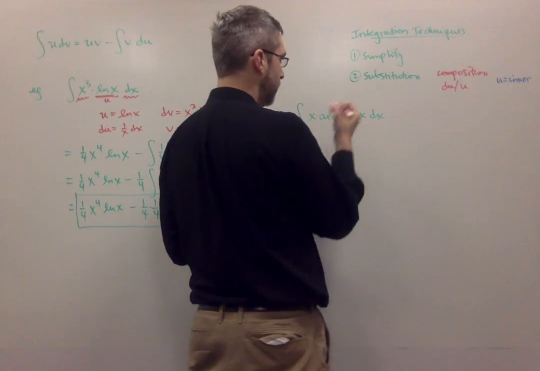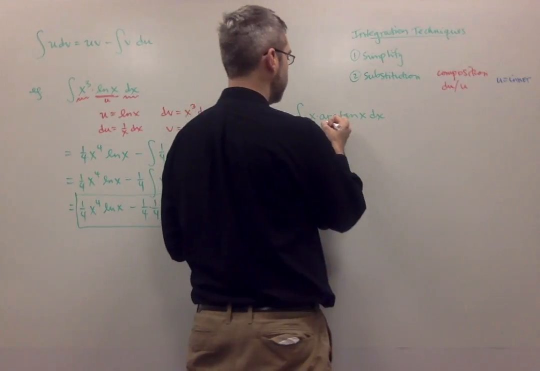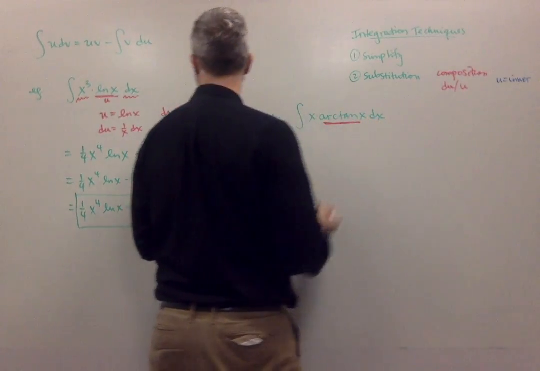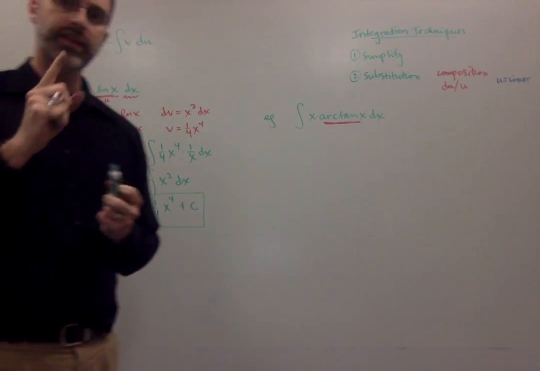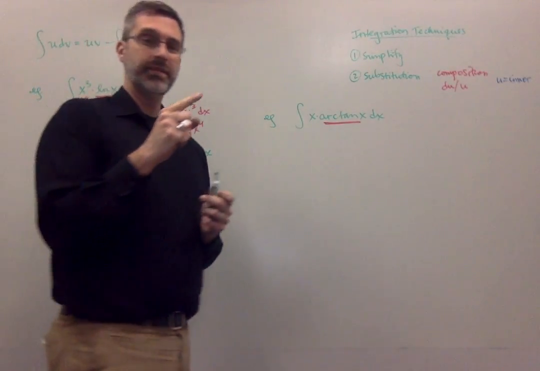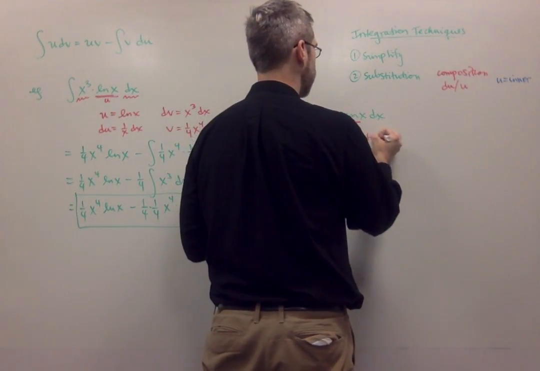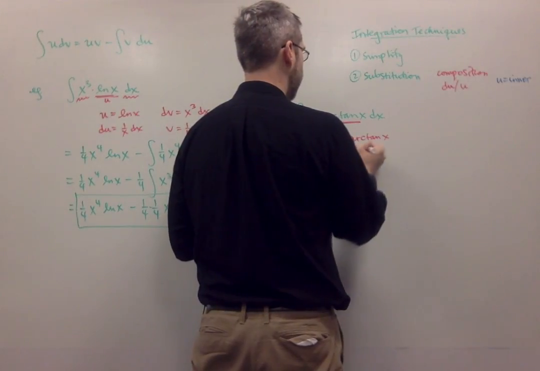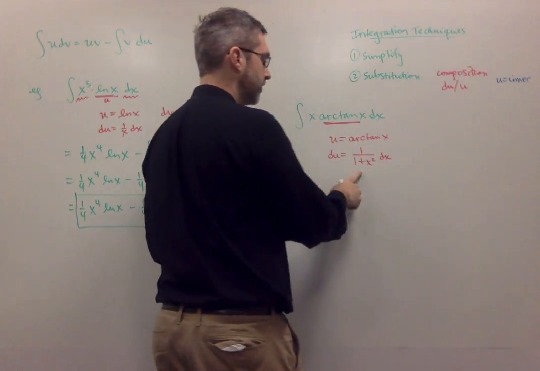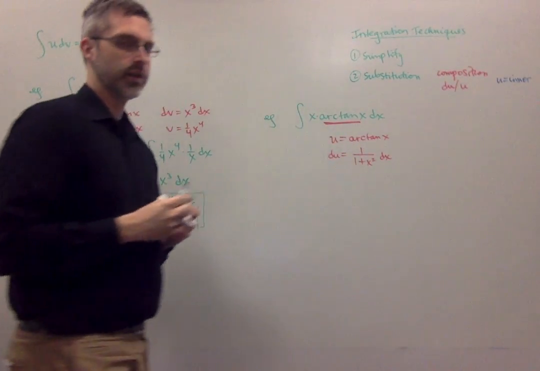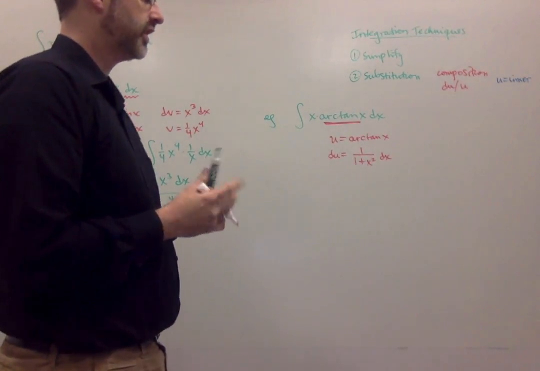So I'm motivated to think, okay, maybe integration by parts. And I also notice that arctangent is just like with natural log. Arctangent is one of those functions that if I can work with it, that's going to be hard. But if I can work with its derivative, so if u equals arctangent, the derivative of arctangent is 1 over 1 plus x squared, which is actually a whole lot nicer function than arctangent. Arctangent seems to be this mysterious function. But 1 over 1 plus x squared is pretty nice.